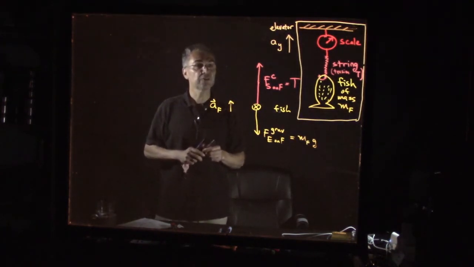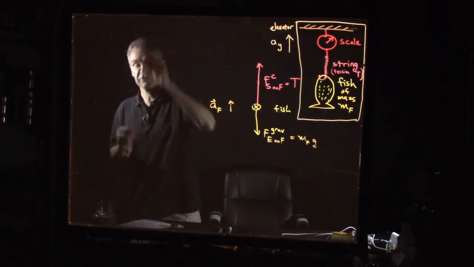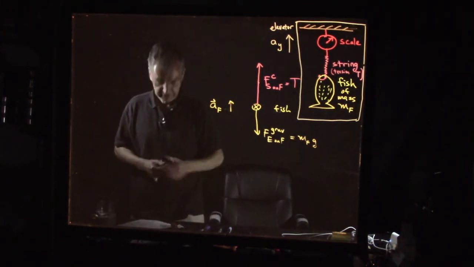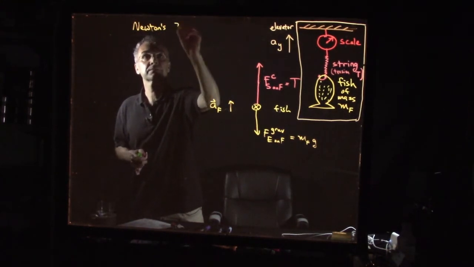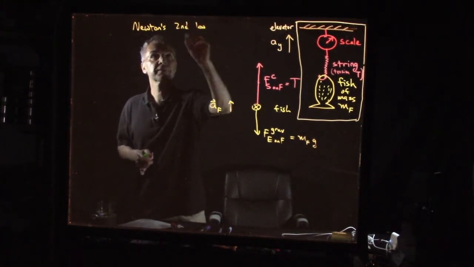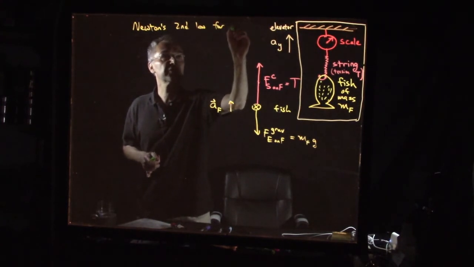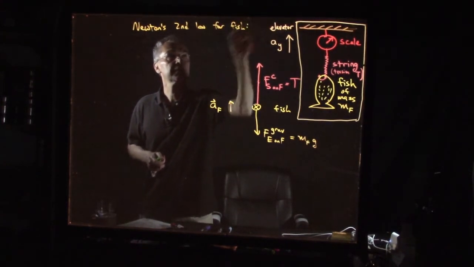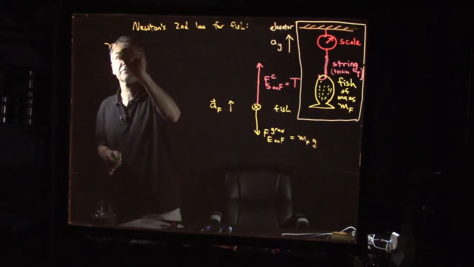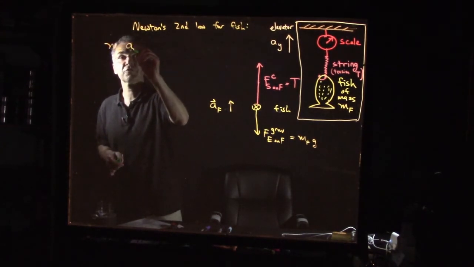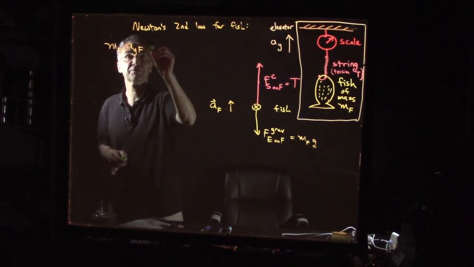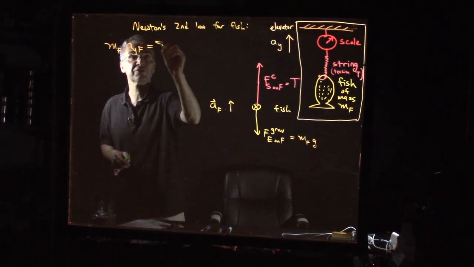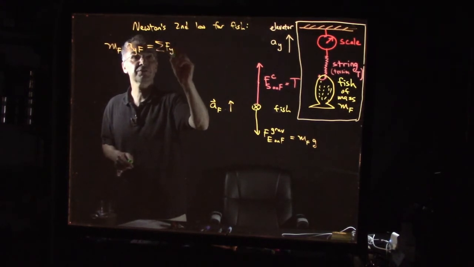And if we write Newton's second law for the fish, maybe I'll write it in green. Newton's second law for the fish says the mass of the fish times the vertical acceleration, the upward acceleration of the fish, equals the sum of the forces in the y direction acting on the fish.